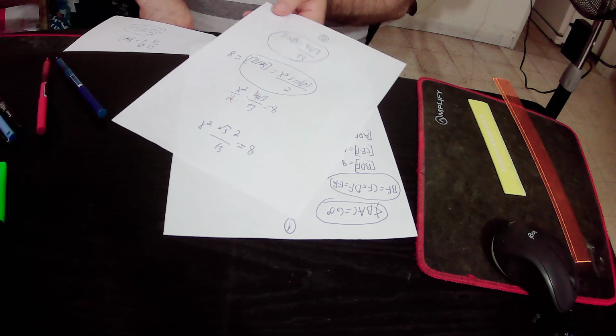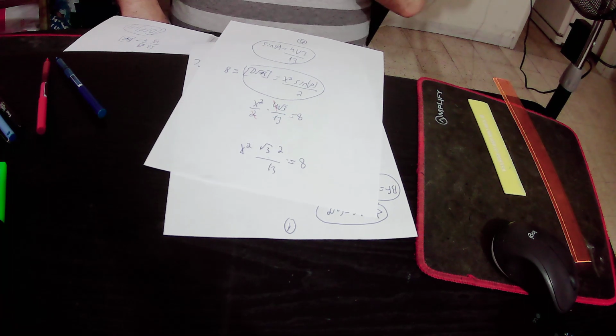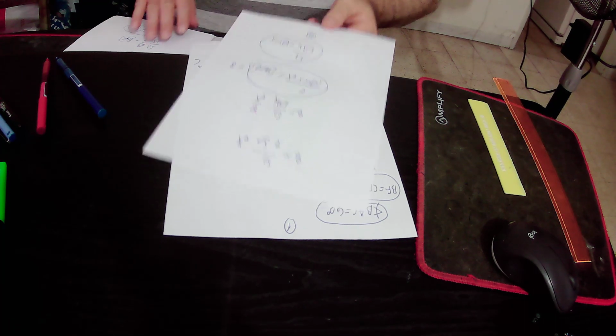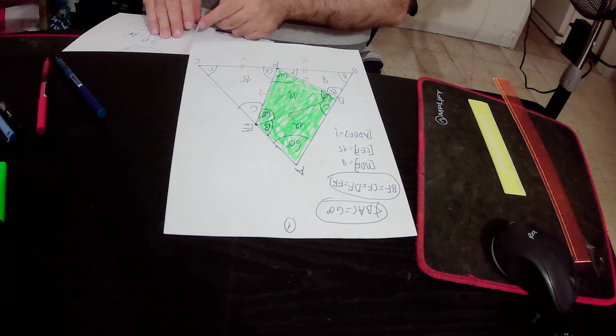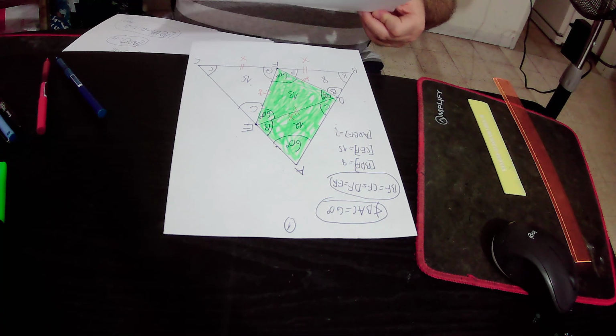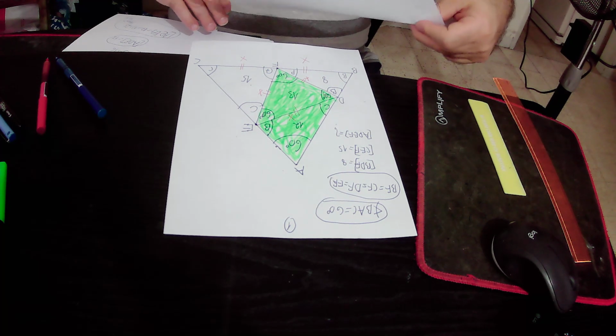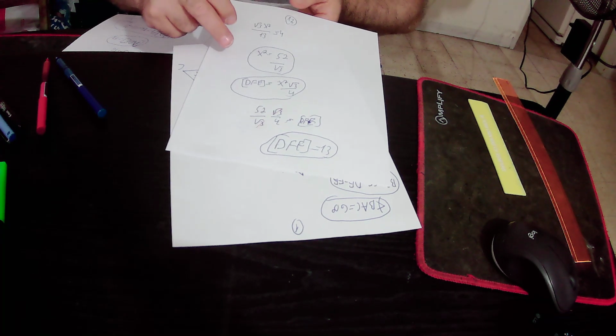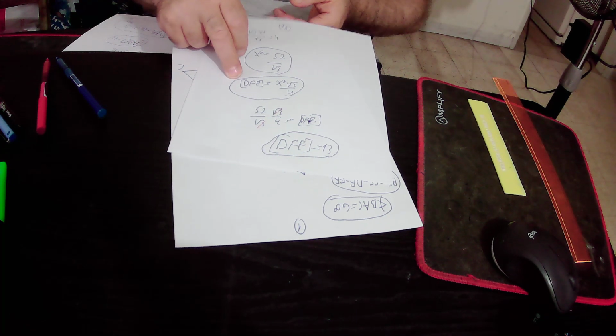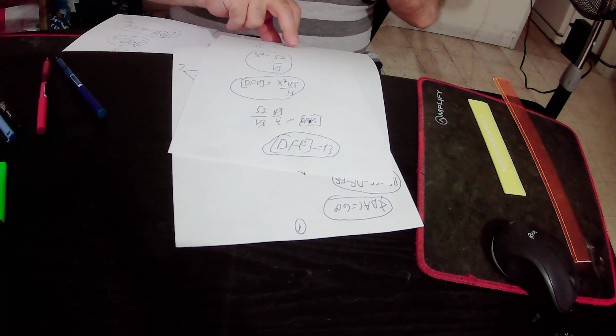Okay, and the area of triangle DFB equals x squared times sin P over 2. We substituted sin P by 4 times root 3 over 13, and we found out that x squared equals 52 over root 3, and the area of the equilateral triangle DFE equals x squared times root 3 over 4.